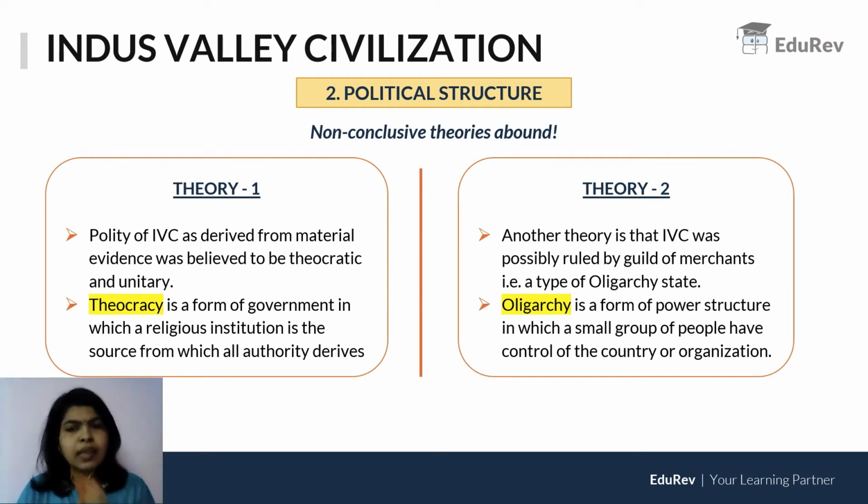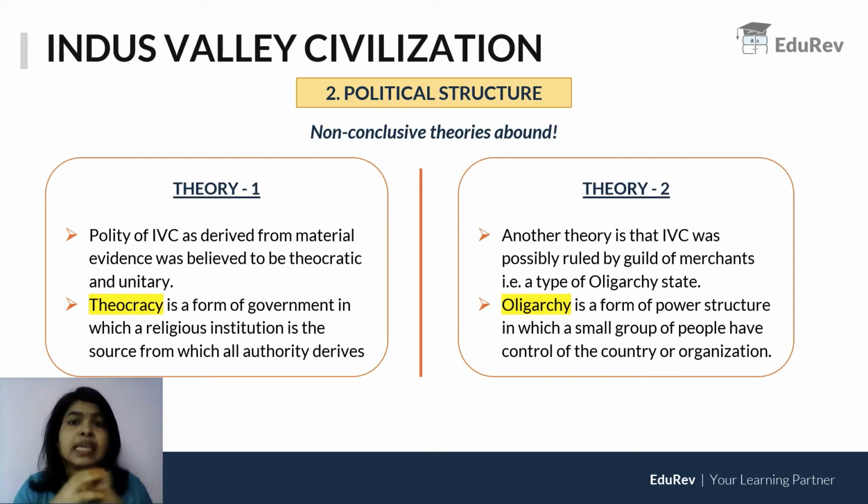The second theory says that it might have been an oligarchical state. What is oligarchy? Oligarchy is a form of power structure where the power is concentrated in the hands of a select few. It can be the aristocrats, the church, a powerful entity of educators, a powerful group of military, or a powerful group of rich people.